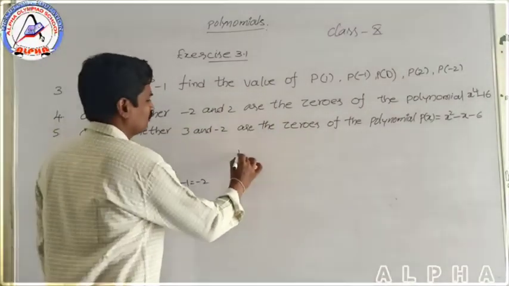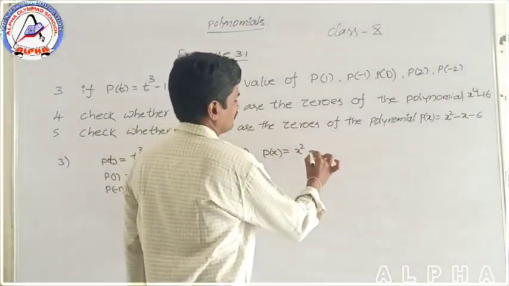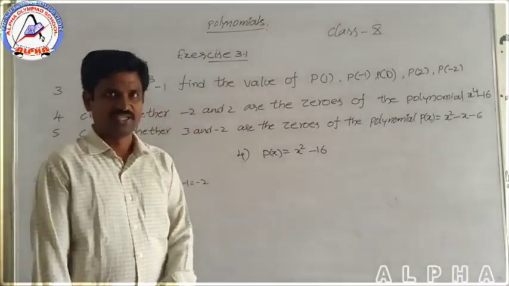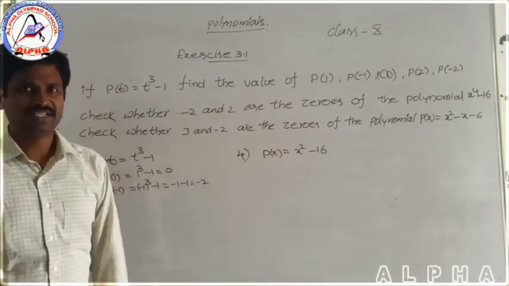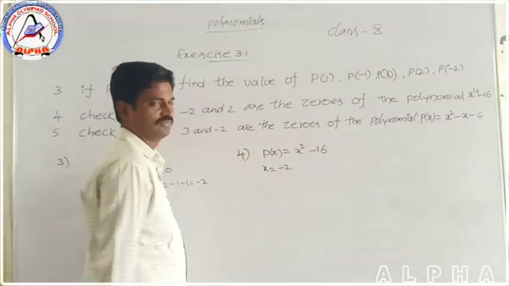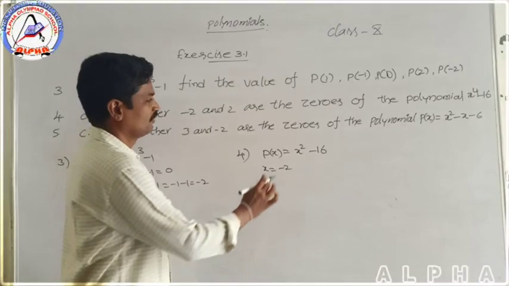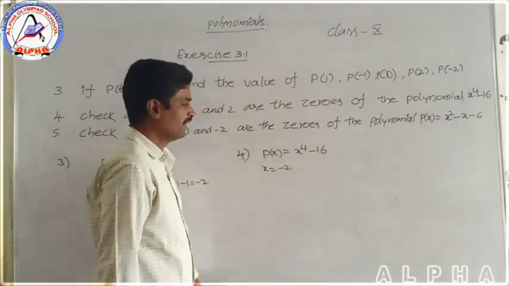Here, see the fourth one. Given polynomial P of x is equal to x power 4 minus 16. We have to find its value where x is equal to minus 2. Replace x by minus 2.